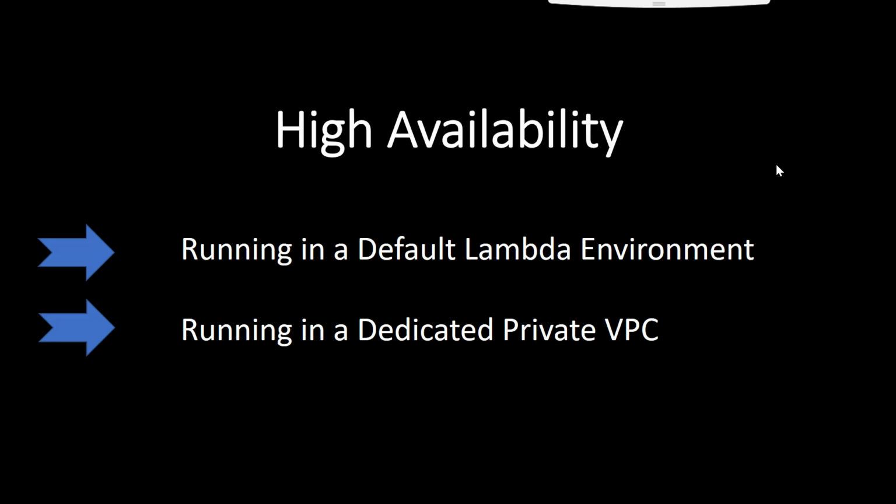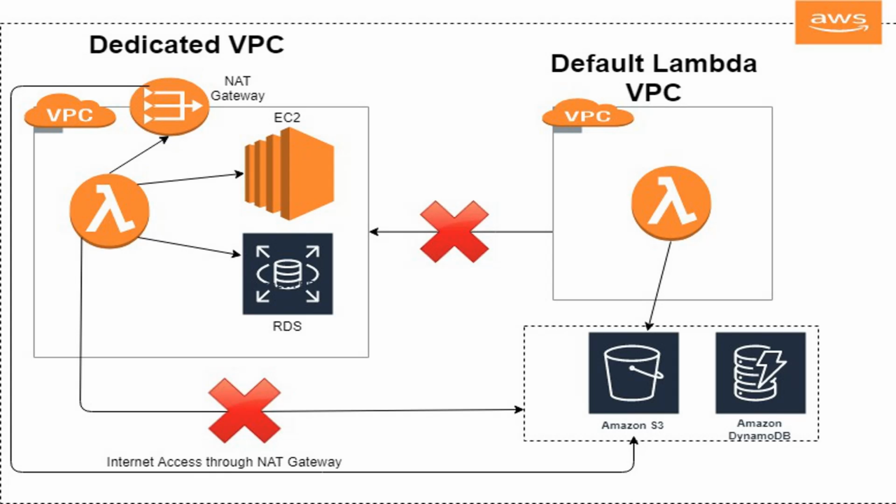But the second scenario is where you might be requiring a resource from the VPC. In the first scenario, you are able to access DynamoDB and S3, which are available over the internet. But what if your application needs any RDS resource or any EC2 resource, or you might be requiring the Elasticsearch database?